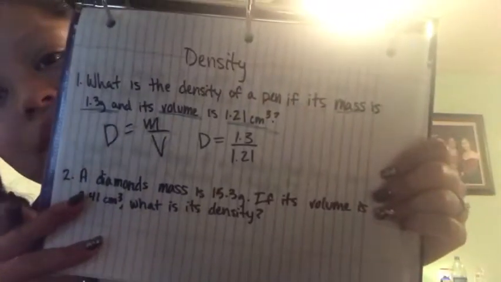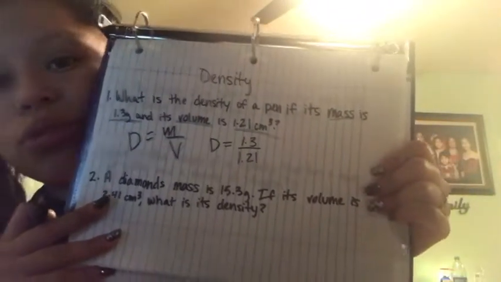Now we just need to divide those two and we will get the density. So we have 1.3 divided by 1.21.